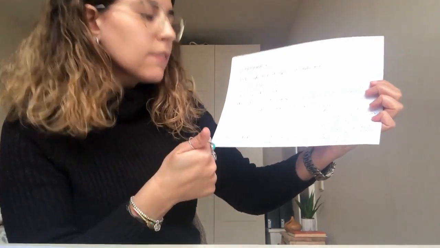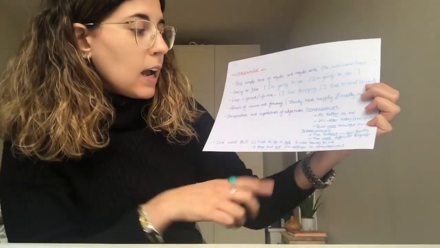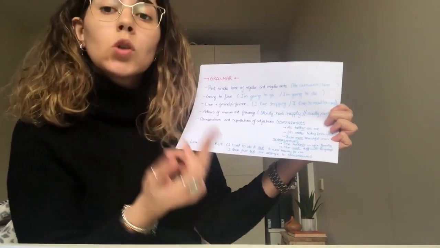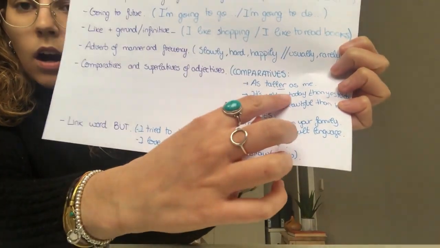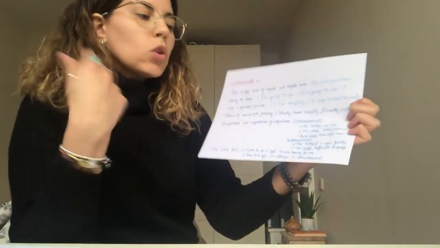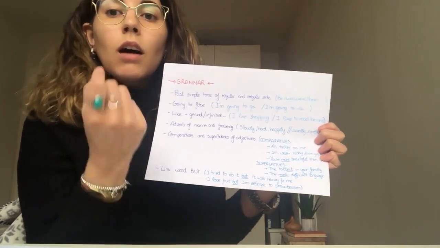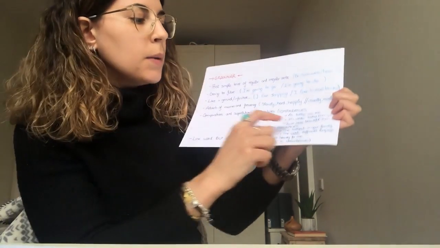Now, comparatives and superlatives of adjectives. So, comparatives. For example, taller than me, we need to use ER. It's colder today than yesterday, so you use ER and then we use than to compare one day with another.